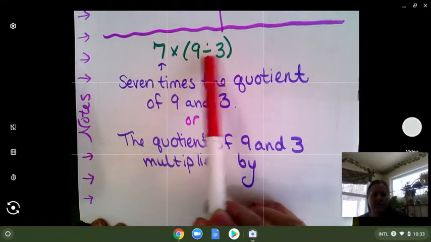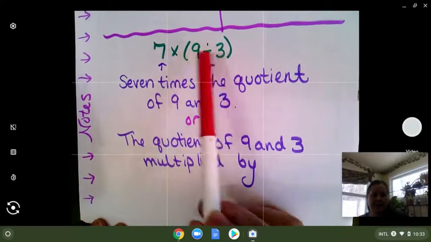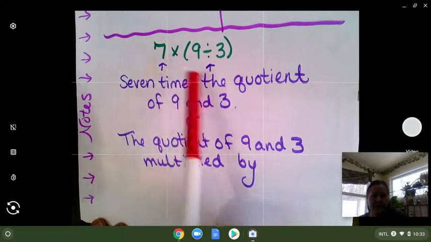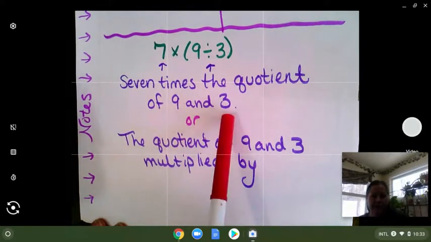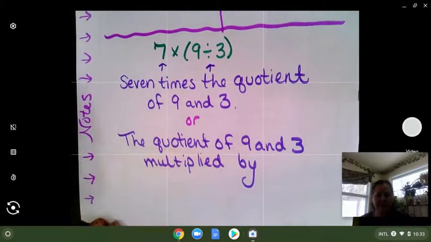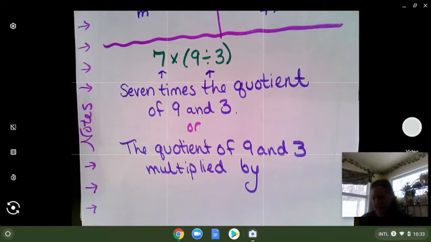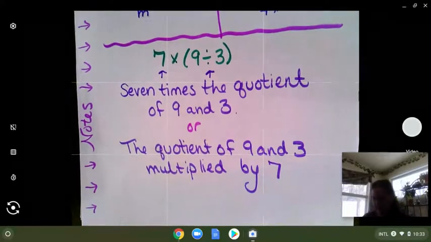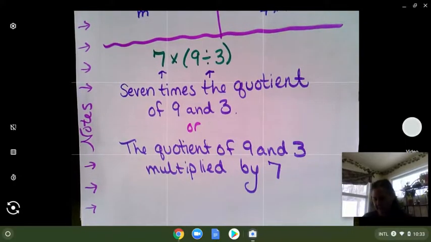This is a quotient because you're dividing, and the answer to a division problem is your quotient. And we have that in parentheses. So it's 7 times the quotient of 9 and 3. Or you could say the quotient of 9 and 3 multiplied by 7.